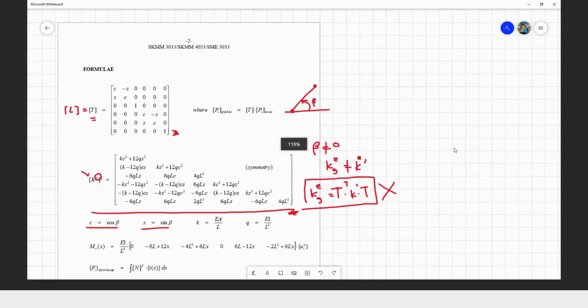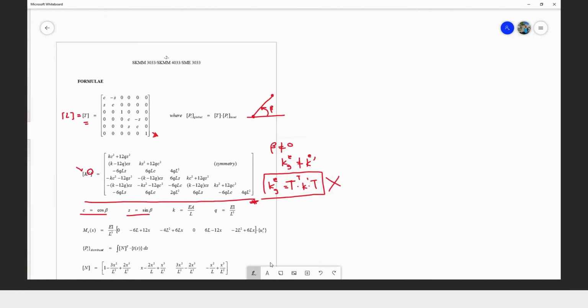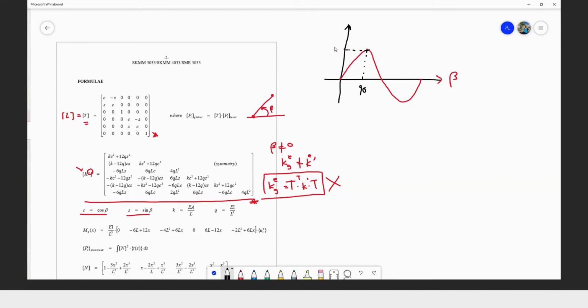So now if I take the cos and sine waves, for the sine at 90 degrees, it gives a positive 1 as its result.